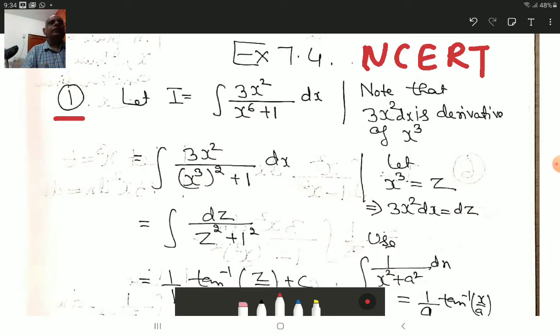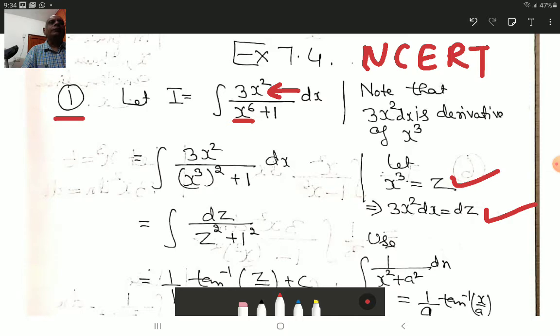Integration of 3x square upon x raised to power 6 plus 1. Try to recognize function and its derivative here. You see, this 3x square is derivative of x cube, and this x raised to power 6 is x cube whole square. So we will take x cube as z, and 3x square dx will become dz.